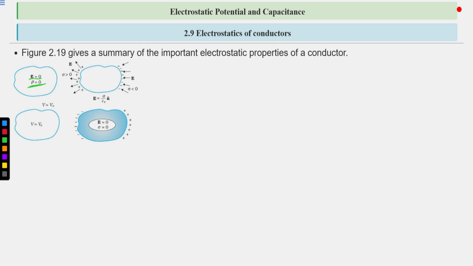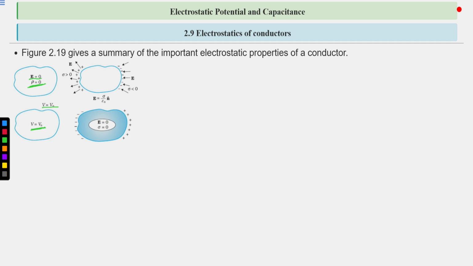If electric field is 0, then potential is constant inside and also on the surface, which we also discussed. Why? Because there is no electrostatic field present inside, so there is no work required to move a charge between any 2 points inside this conductor. So potential is constant everywhere.